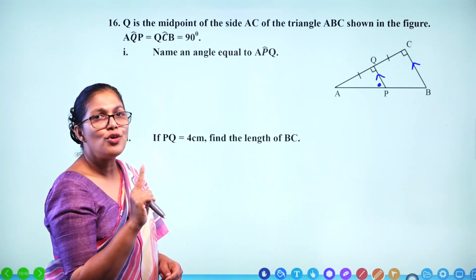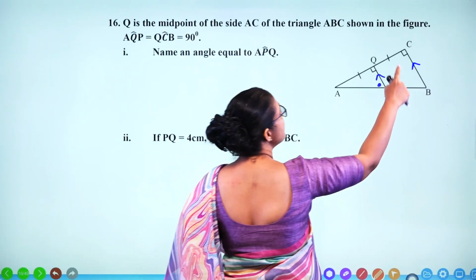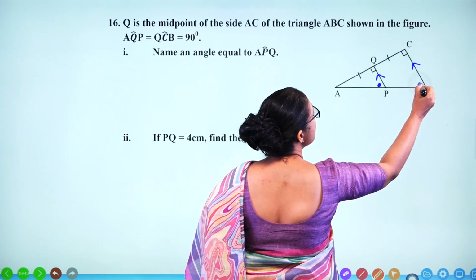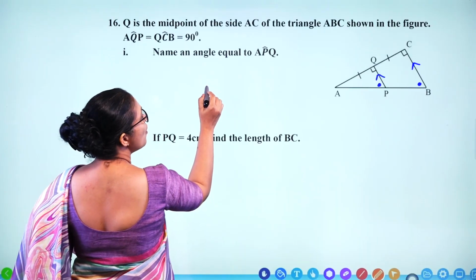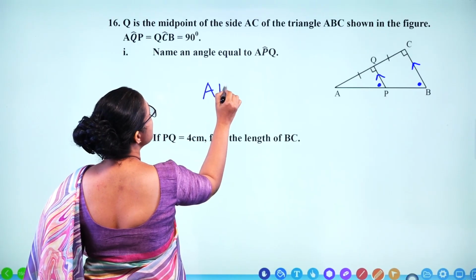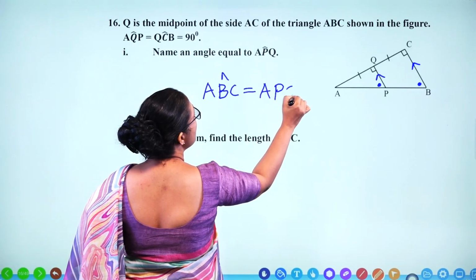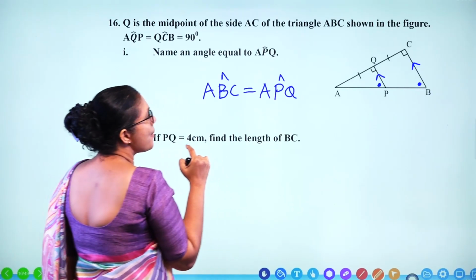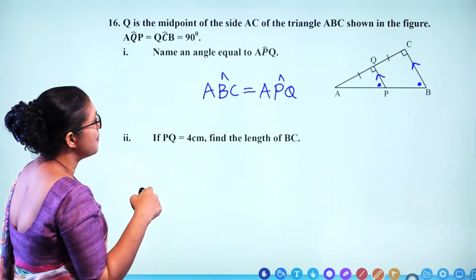PQ is parallel to BC. And if the lines are parallel, this angle is equal to this angle, corresponding angle. So you can say ABC angle is equal to APQ, or PBC is the same as ABC.